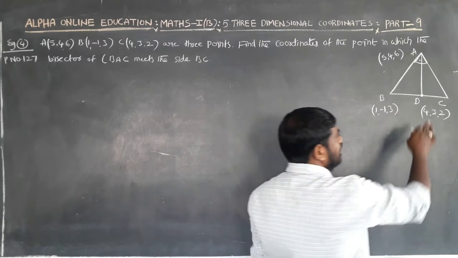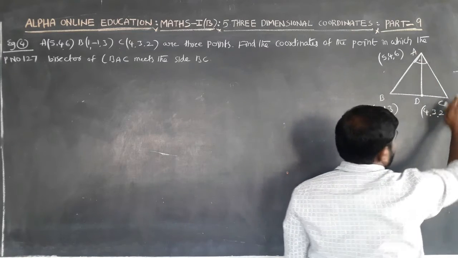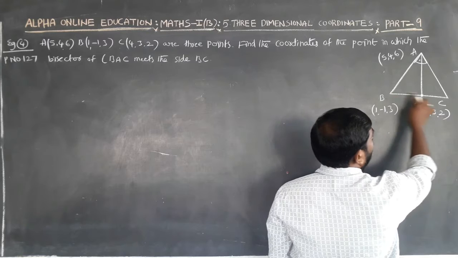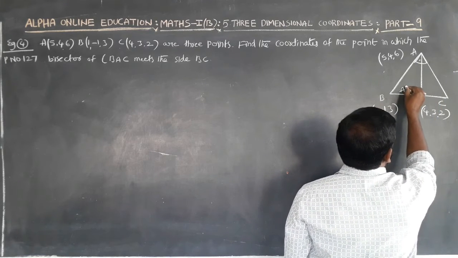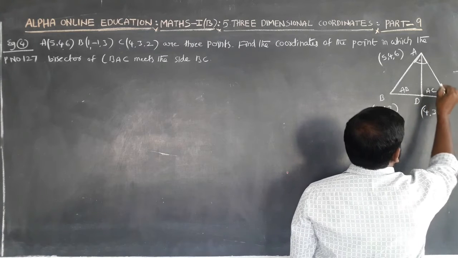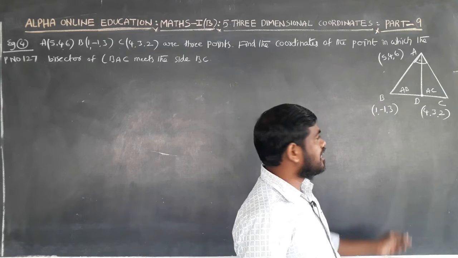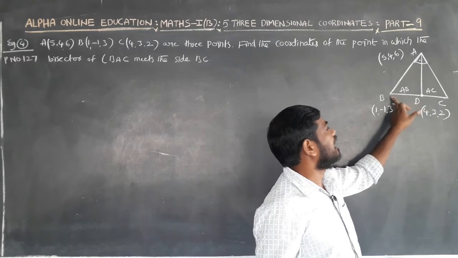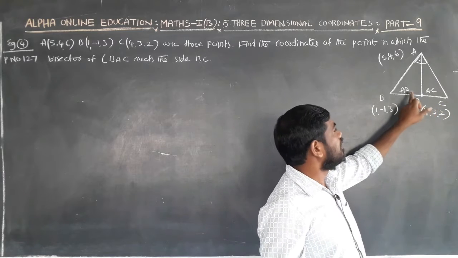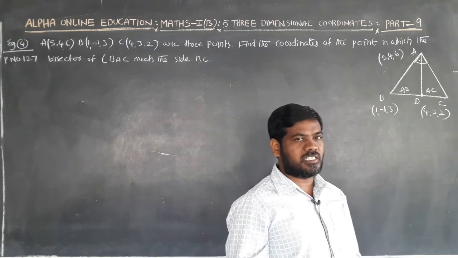Observe here, the bisector of angle BAC divides the line segment BC in the ratio AB is to AC. So D divides the line segment BC in the ratio AB is to AC.